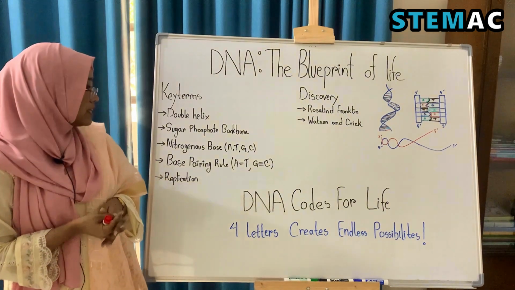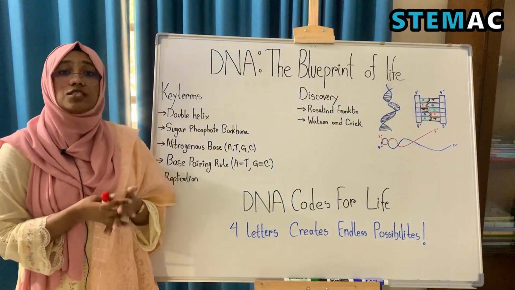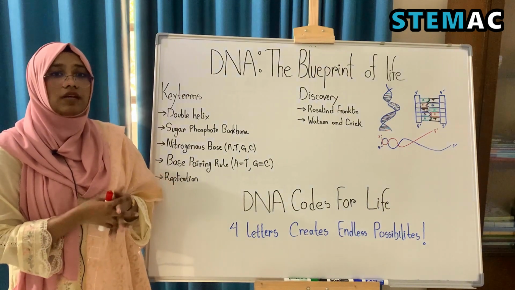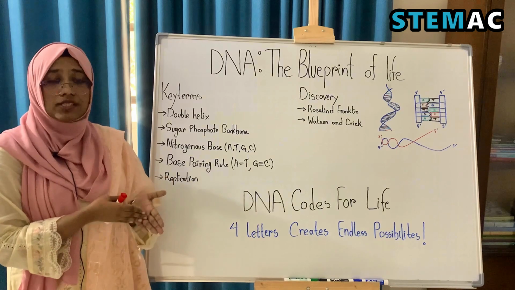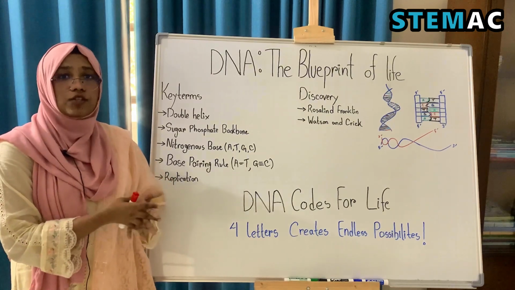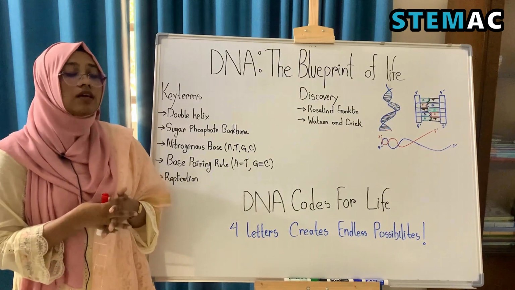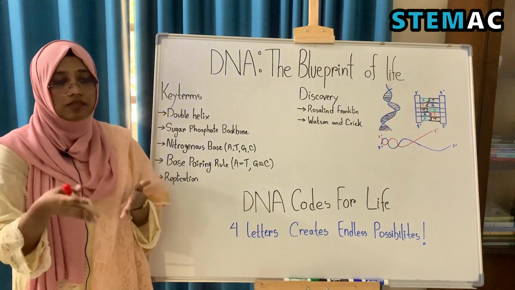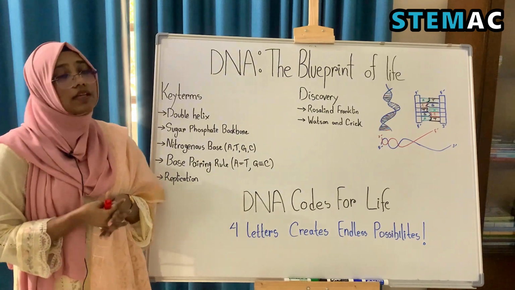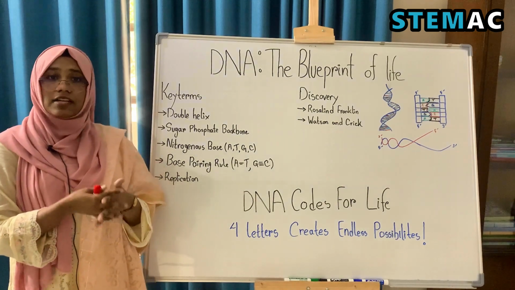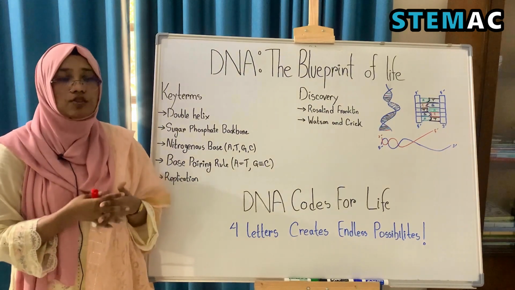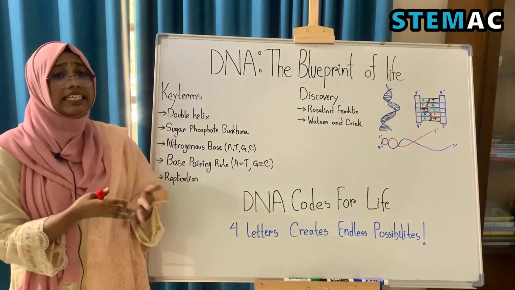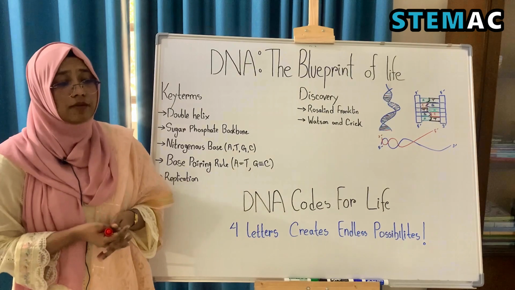Then we learned that DNA carries information and transfers it from one cell to another, from mothers to their daughters or sons, and fathers to their daughters and sons. And other than that, we know that in real life it is always being used, in DNA testing, creating medicines and more.